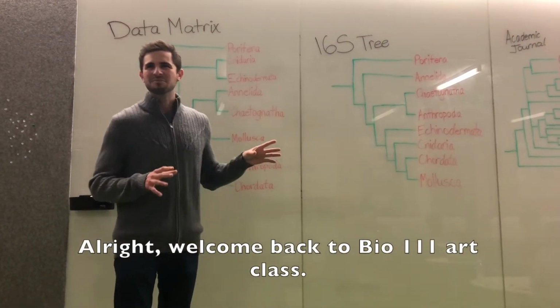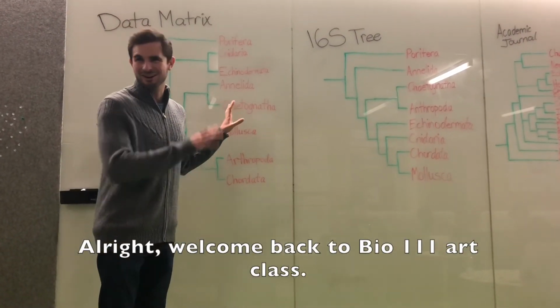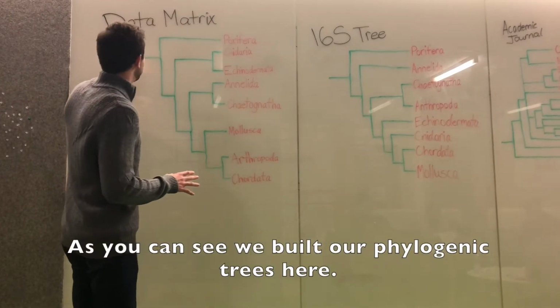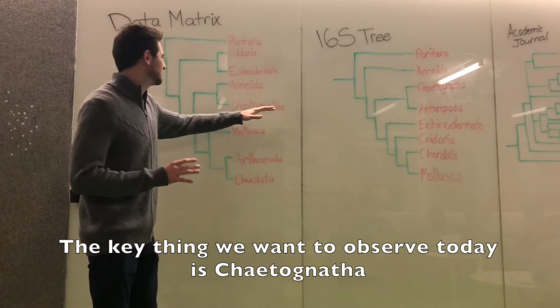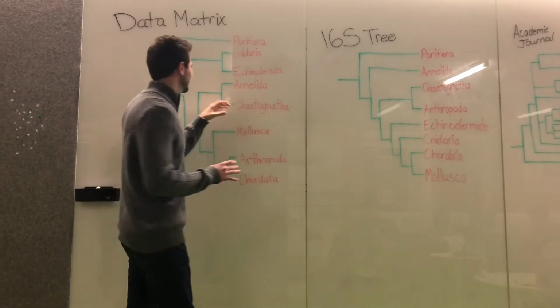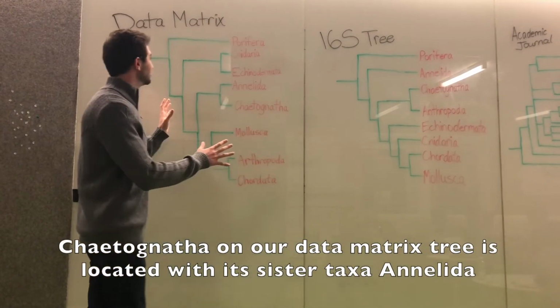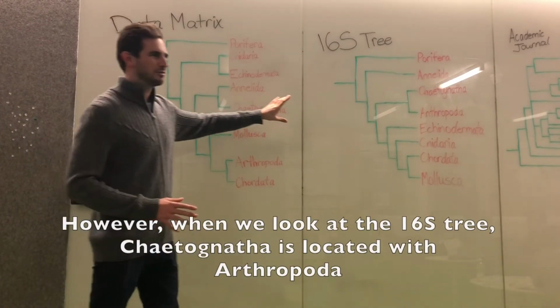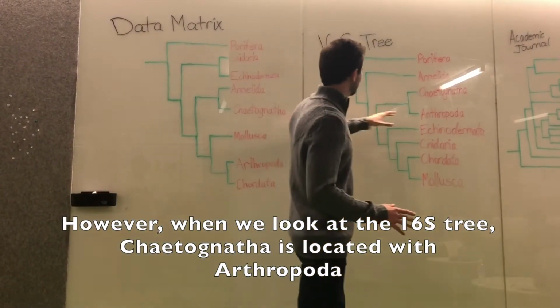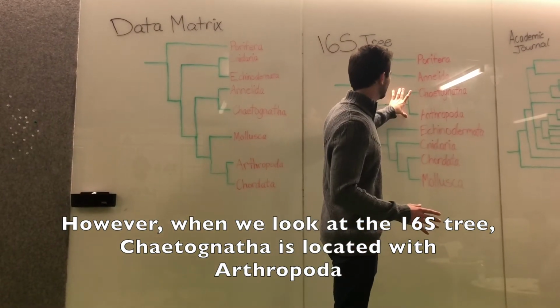All right, welcome back to Bio 111 art class. As you can see, we've built our phylogenetic trees here, and the key thing that we want to observe today is Catagnatha. Catagnatha on our data matrix tree is located with its sister taxon, Annelida. However, when we look at the 16S tree, Catagnatha is located with the Arthropoda.